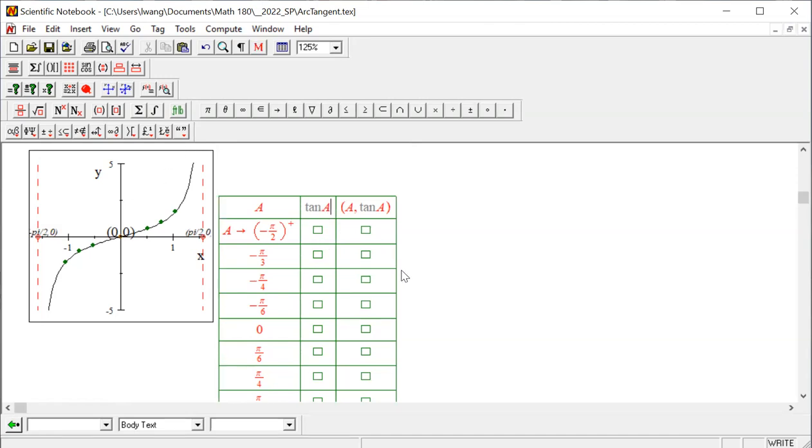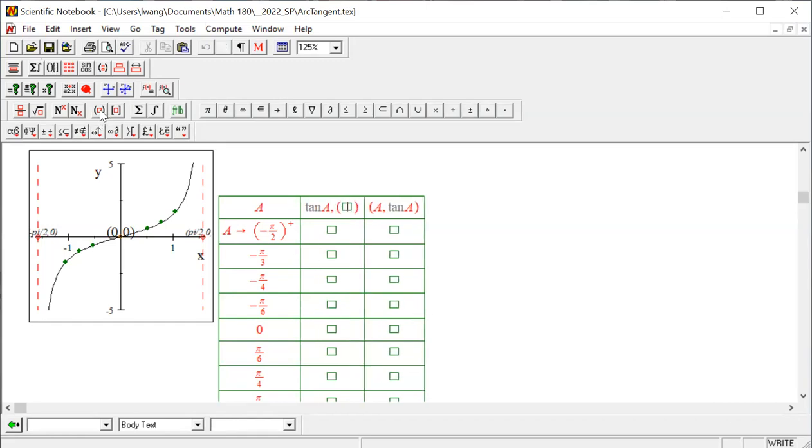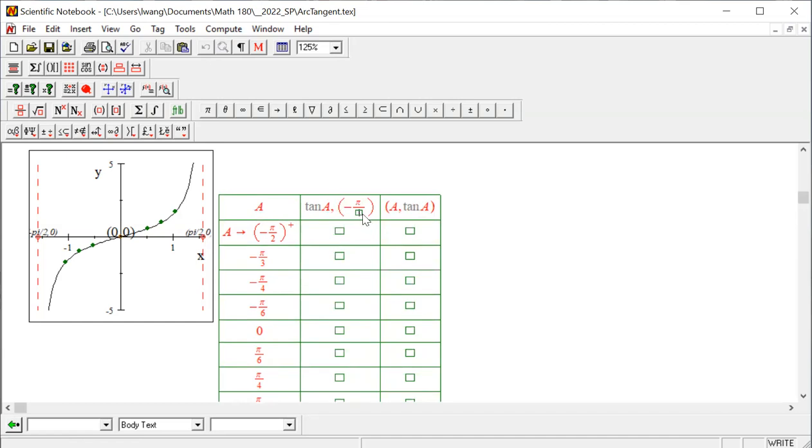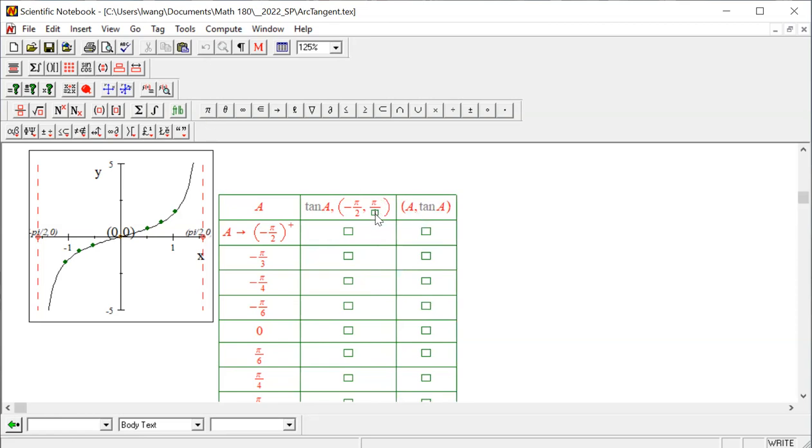And what is this function, right? This function is tangent between negative pi over 2 to pi over 2. Okay, so just that piece after truncation. Okay, so this is the tangent. So this piece, we have an inverse, right?